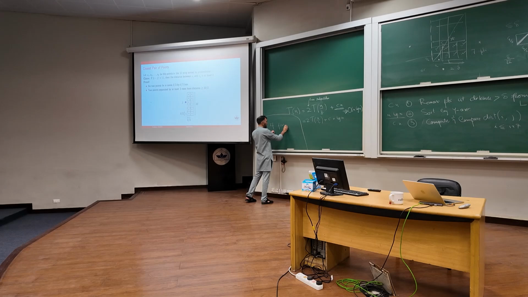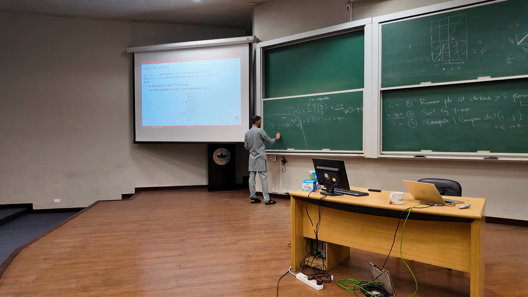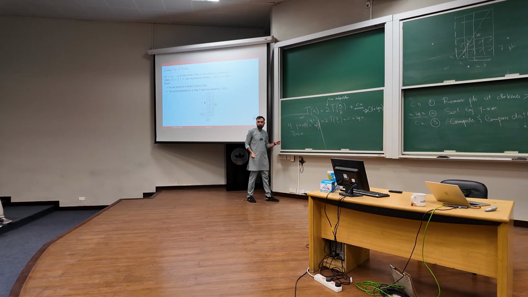If f of n is theta of n to the power log b of a times log n to the power k, where k is anything more than or equal to 0, then your T of n is, does anyone know this? No?